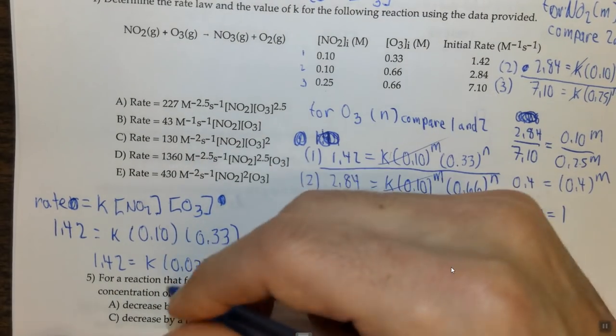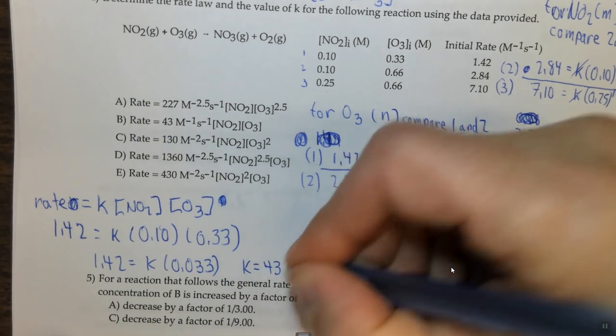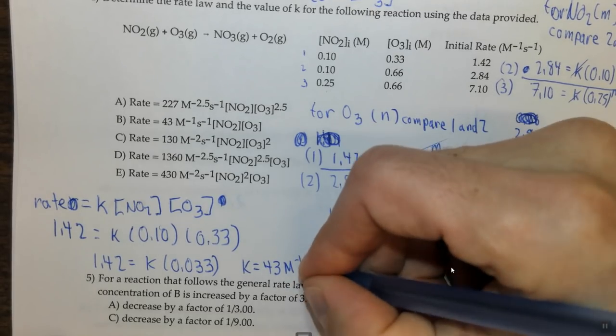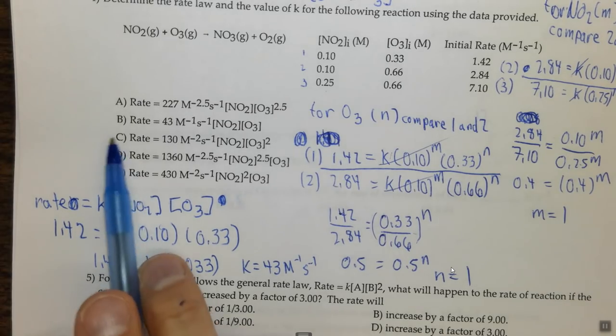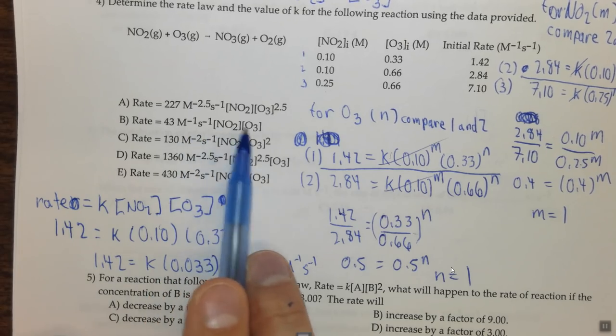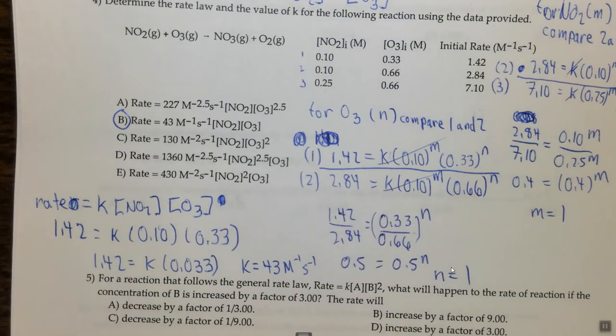Divide both sides by 0.033, and I find that k equals 43 M^-1 s^-1. Okay, so now if I look here, I find that rate equals 43 M^-1 s^-1 [NO2][O3], which is choice letter B.